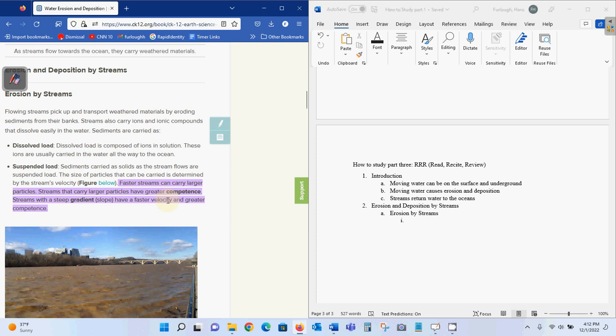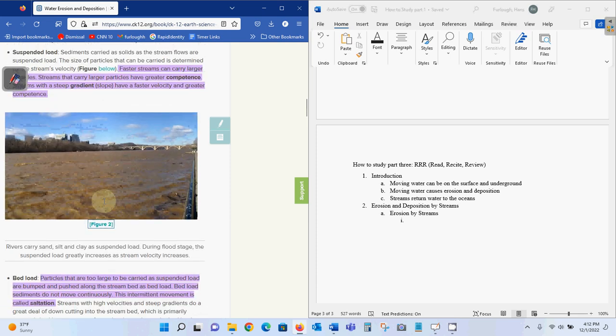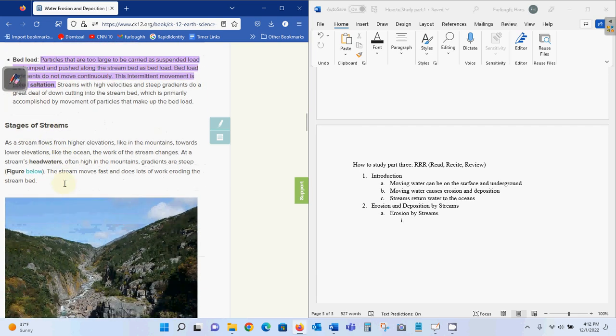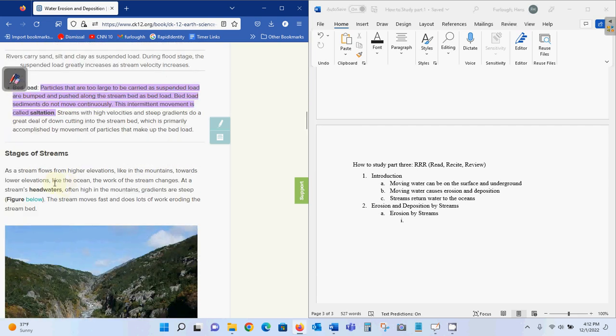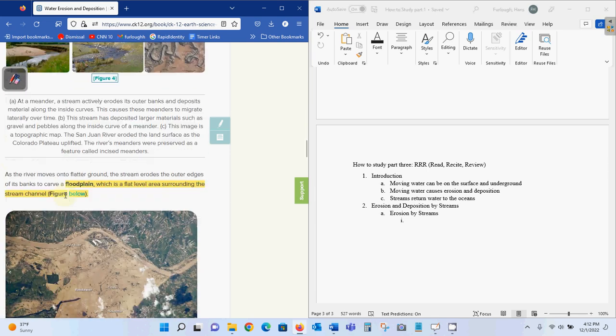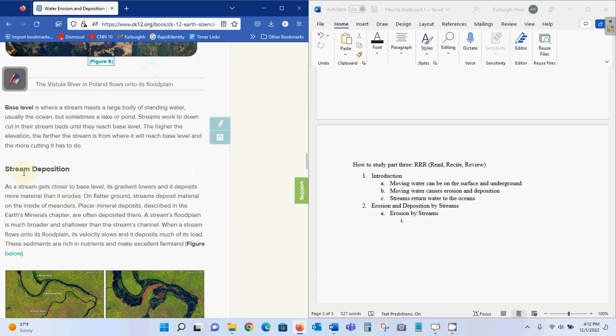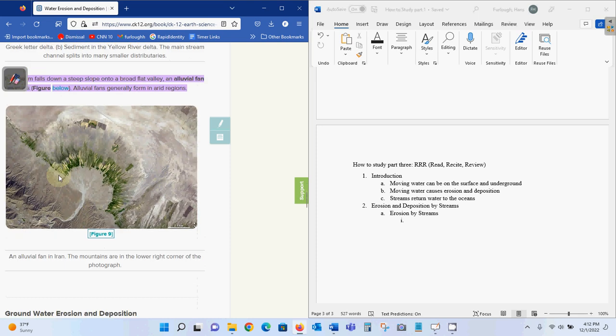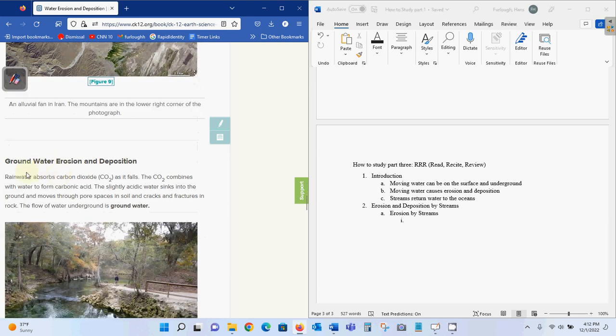All right, and then we're going to read through this, and then we're going to read through that, and we have stages of streams. So that would be like 2B. And then farther down we have stream deposition. That would be 2C. And then groundwater erosion and deposition.